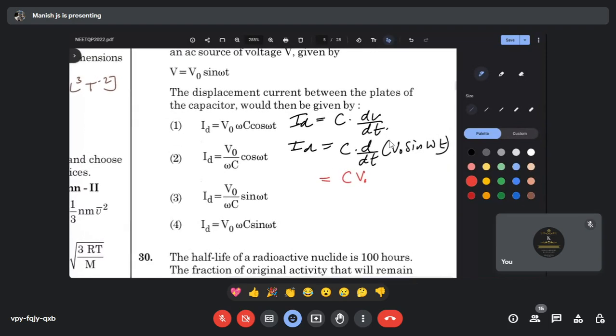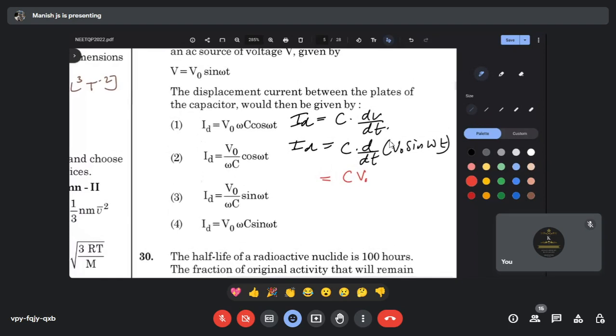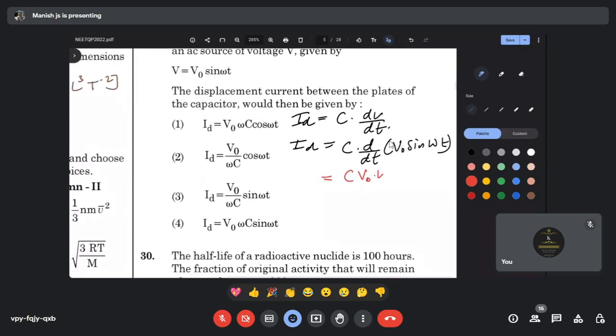What will you get when you apply the chain rule? V naught omega cos omega t. So C V naught omega cos omega t. That's it.